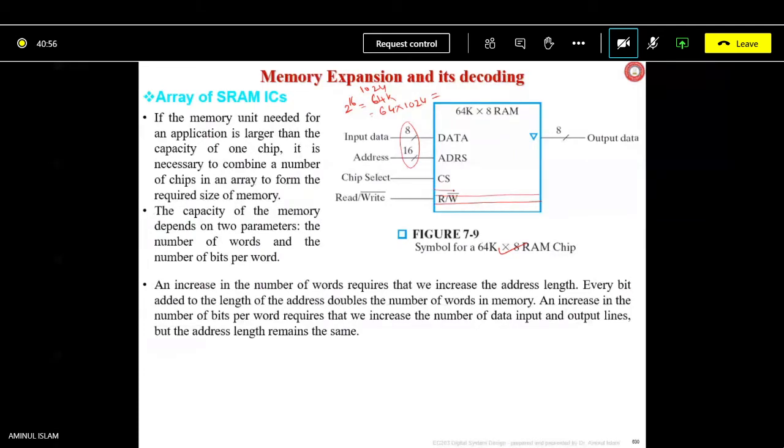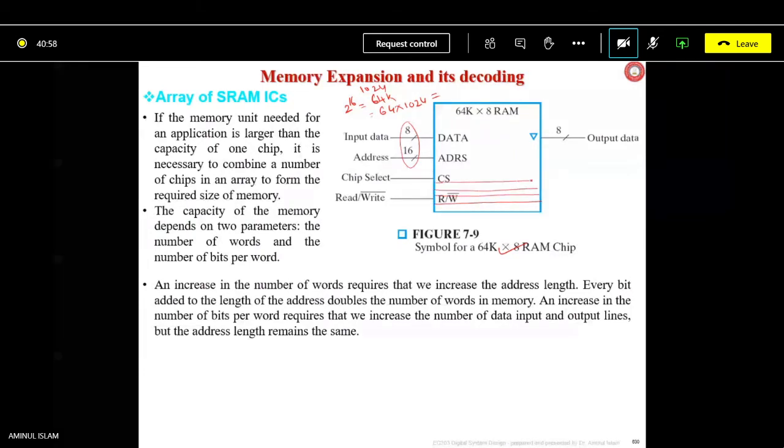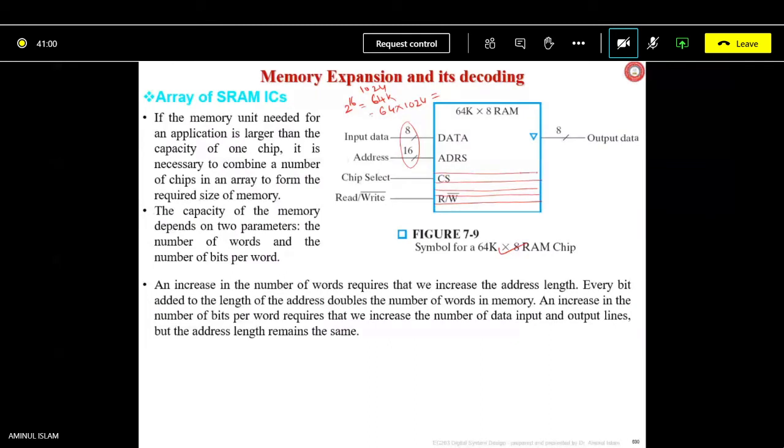Are you getting my point? Yes, sir. The value is 65,536. Those many rows are there, and every row has how many bits? 16. Where did you get that from?